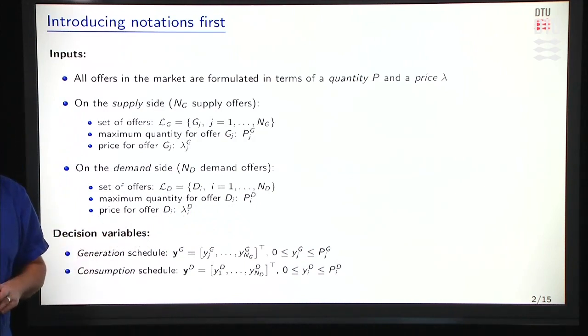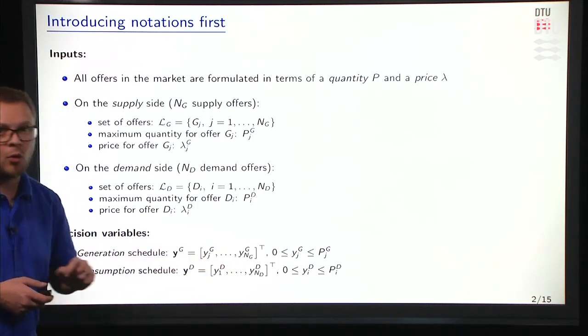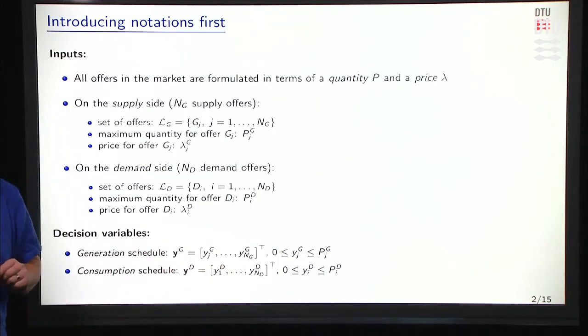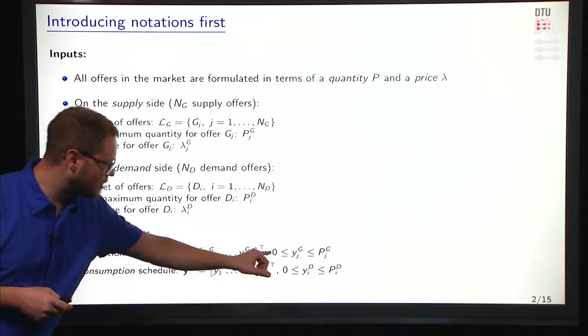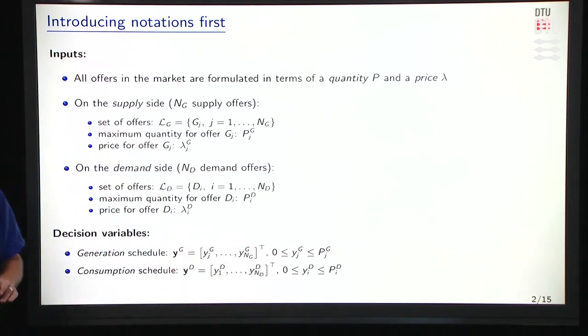When writing and solving this optimization problem, we have a set of decision variables. What do we want to get out of this optimization? Here we want to get out a generation schedule, so that means a set of set points for all the supply side agents, and all these set points are going to be between 0 and the amount that they offered to supply originally.